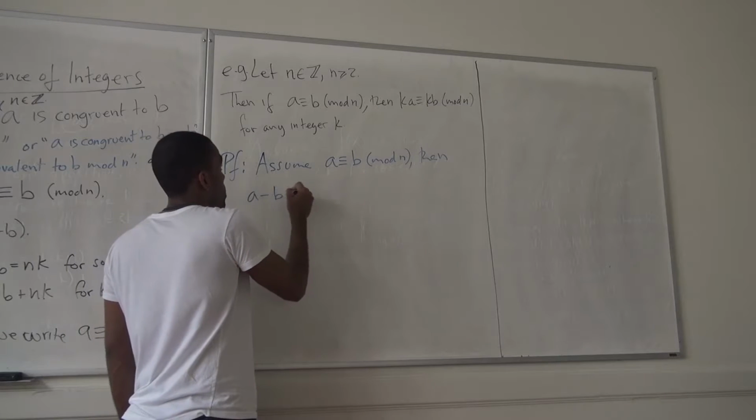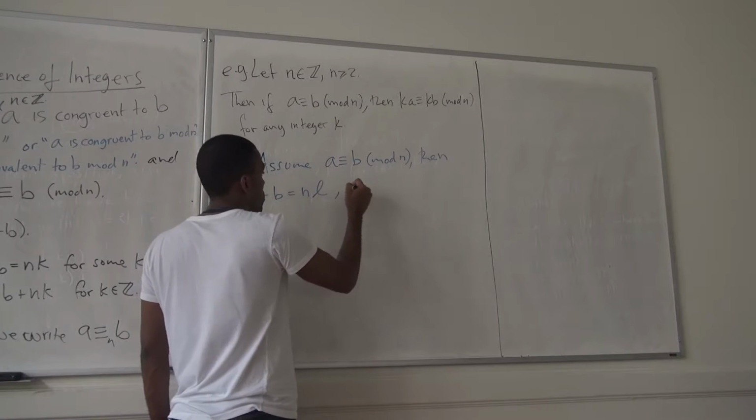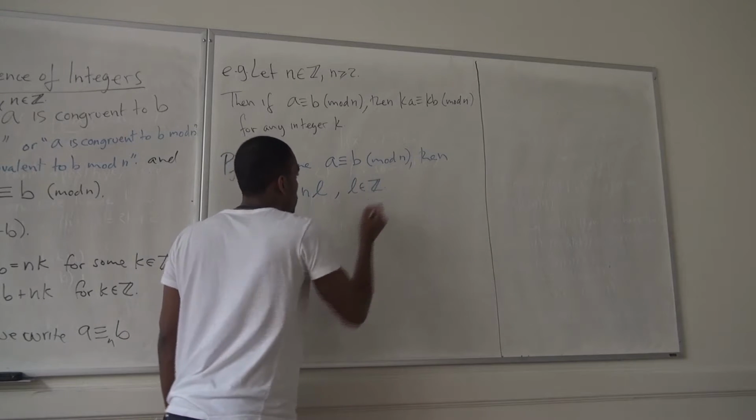Then A minus B is equal to n times l, with l an integer.